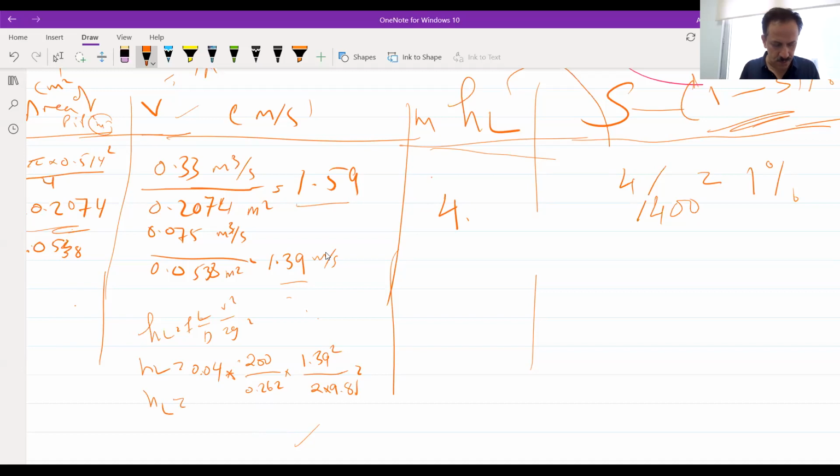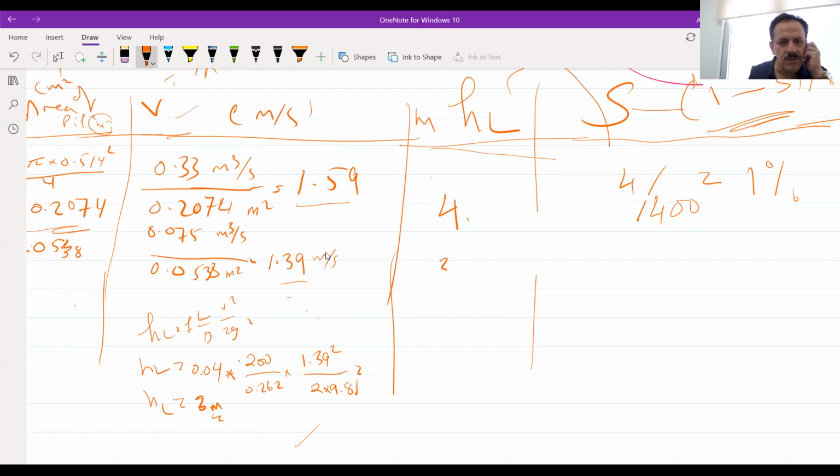It's 0.04 times 200 times 1.39 squared, which gives 3 meters. Sorry, yeah, correct, this will become 3 meters.